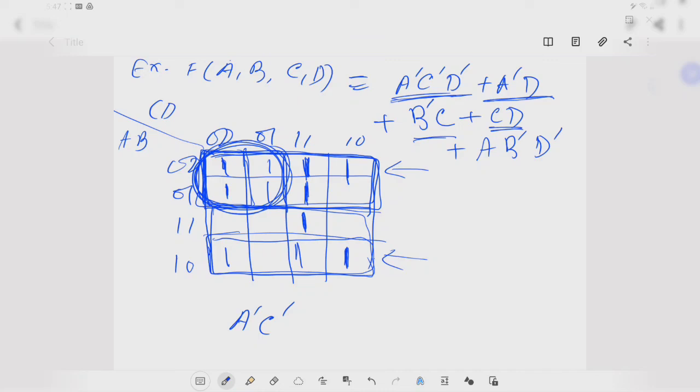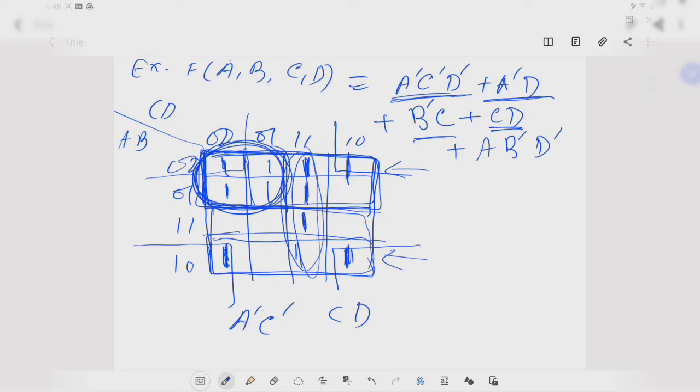How about these 4 ones? The common is CD. And we still need to consider the remaining 3 ones.